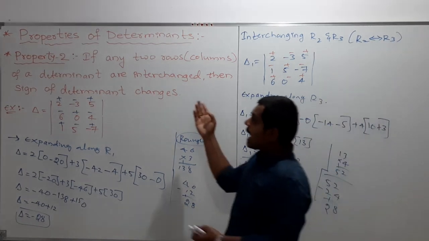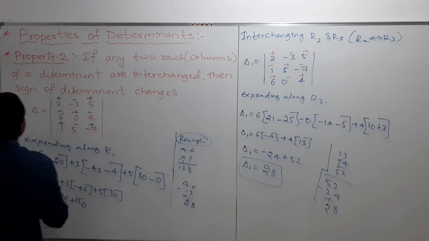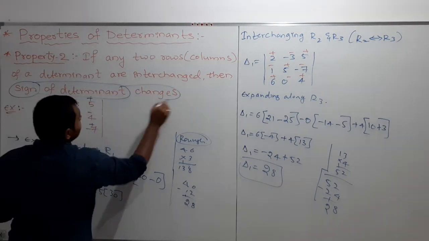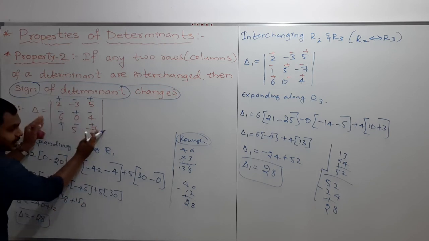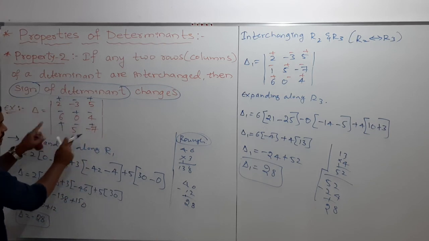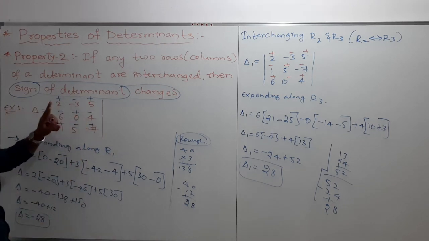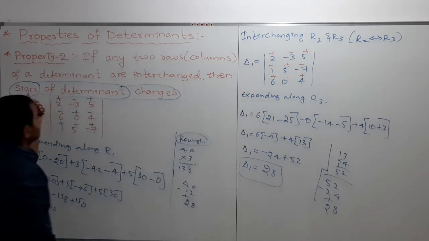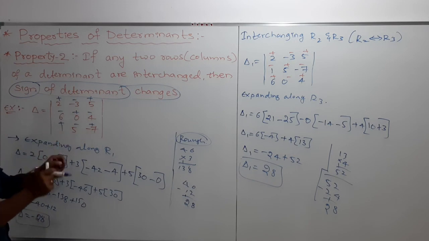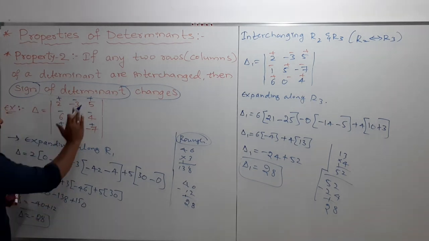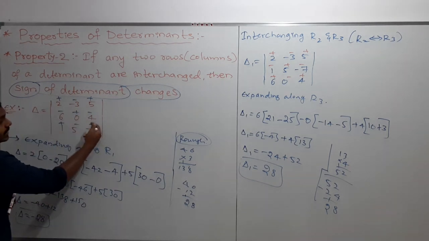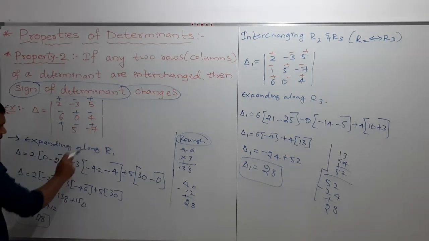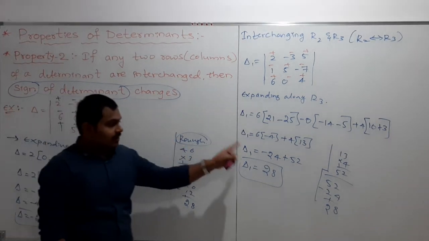So as the property says, the sign of the determinant changes. Therefore, for any determinant, if you interchange any two rows or any two columns, then the sign of the determinant changes, because I verified it here.